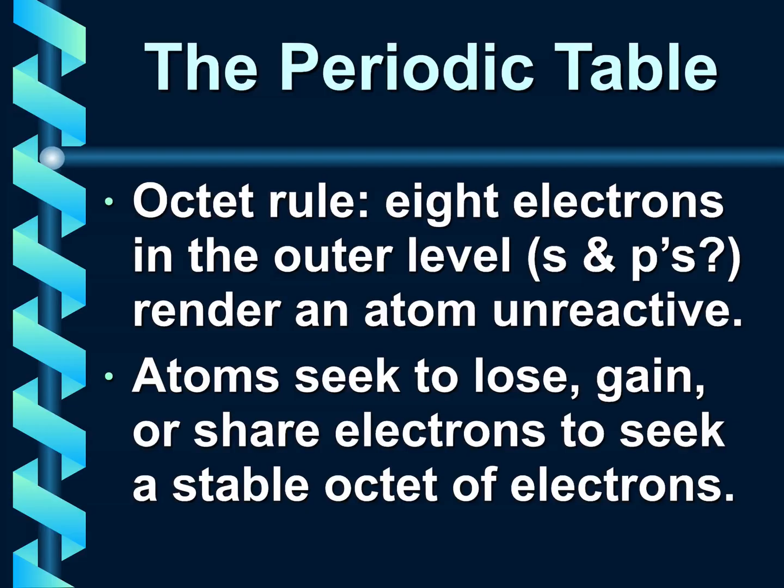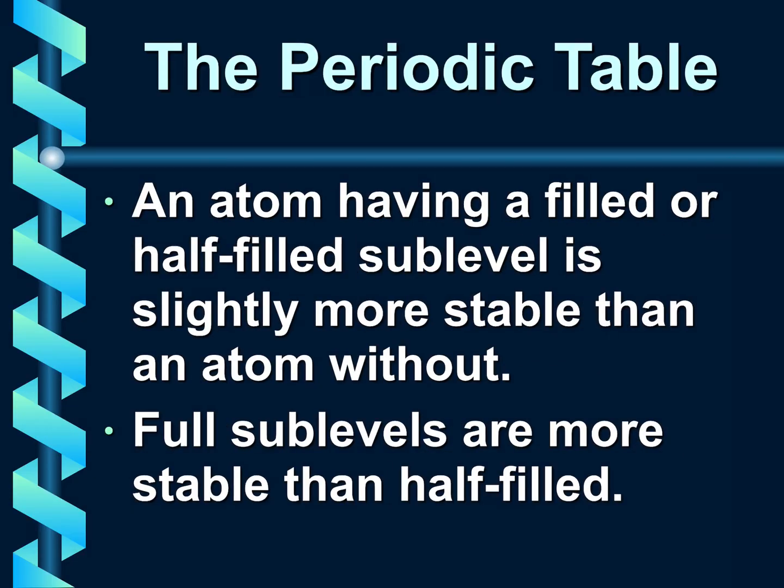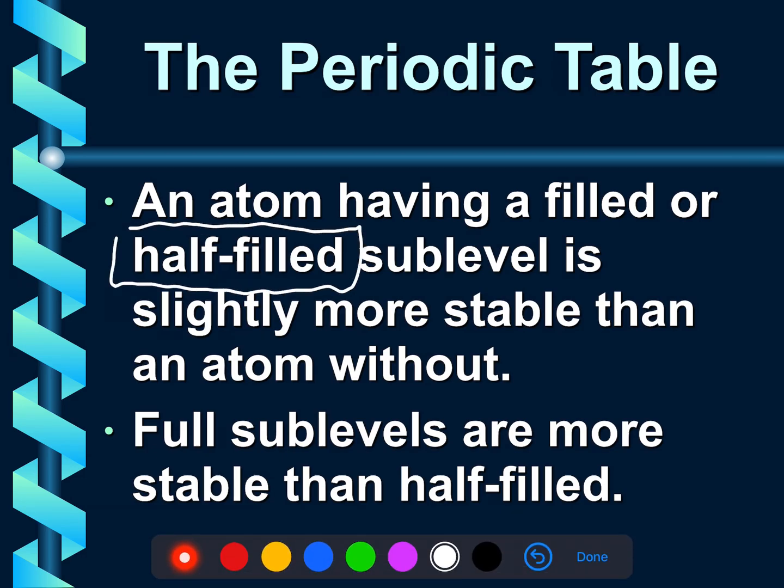Now, the octet is not the only stable arrangement of electrons. It's the most stable. But it turns out when you have an energy level that has all parallel spins, then what you have is a half-filled sublevel. Like, for instance, a D5 configuration or a P3 configuration would be considered half full.